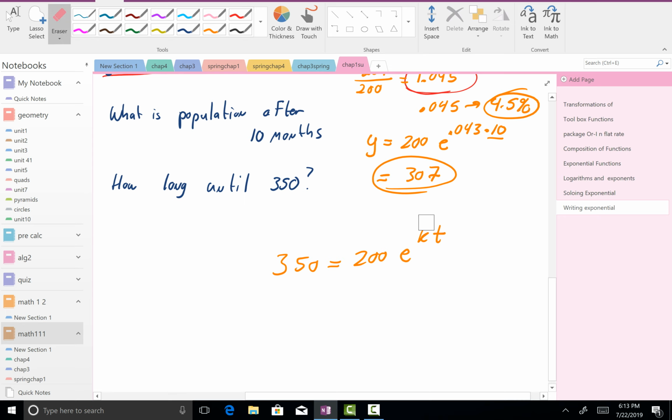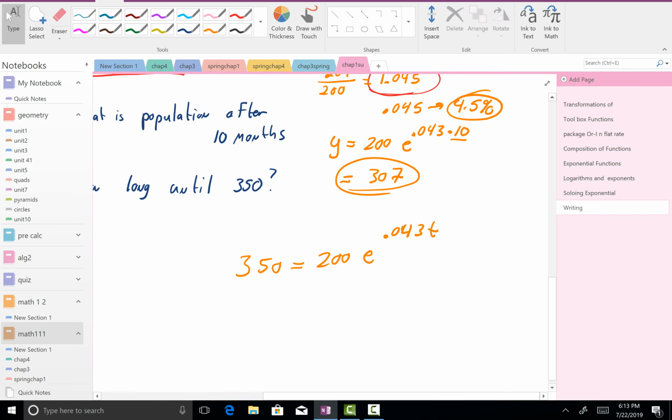But we know what k is. Sorry. 0.043 t. Okay, so there's the equation we got. All right. So we got to figure out what t is. What should we do?